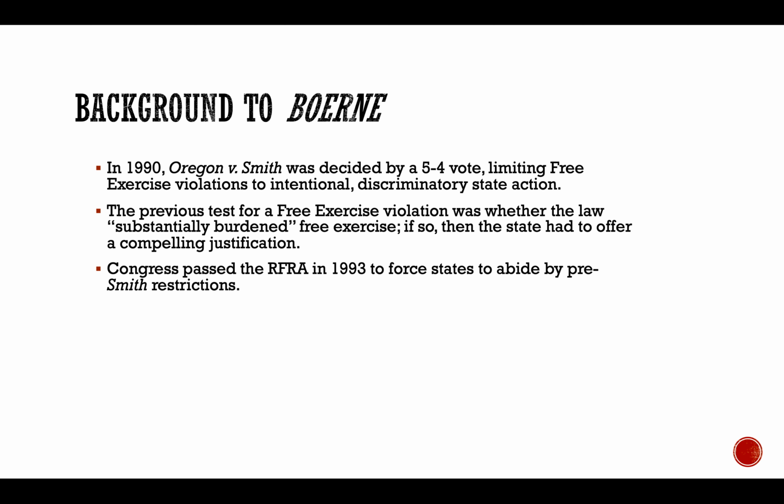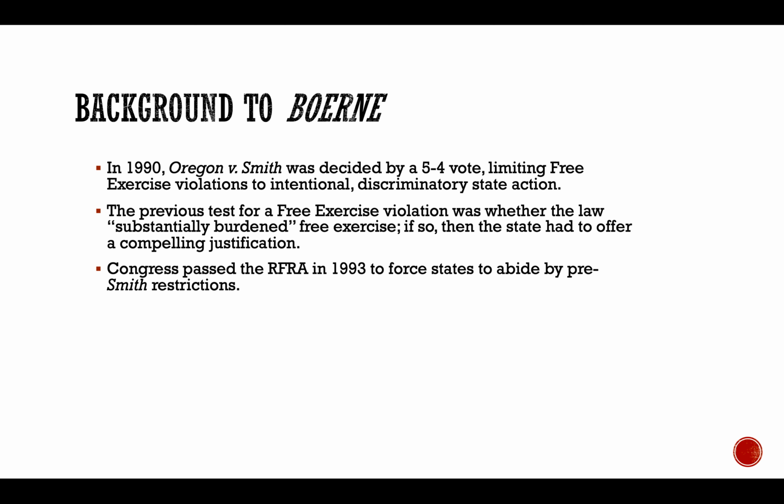And you can see the opinion here quotes the findings of Congress on page 973. So you can see there's some findings 1 through 5. Congress notes that in Employment Division of Oregon versus Smith, the Supreme Court virtually eliminated this requirement that the government justify burdens.